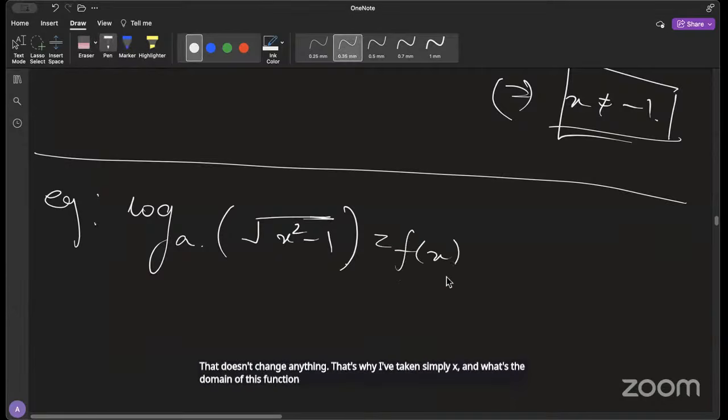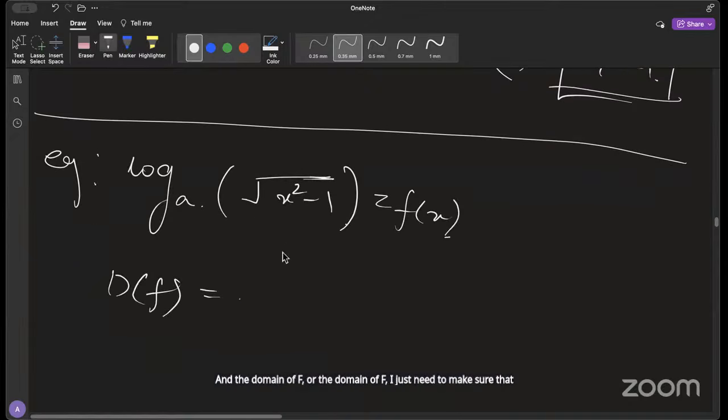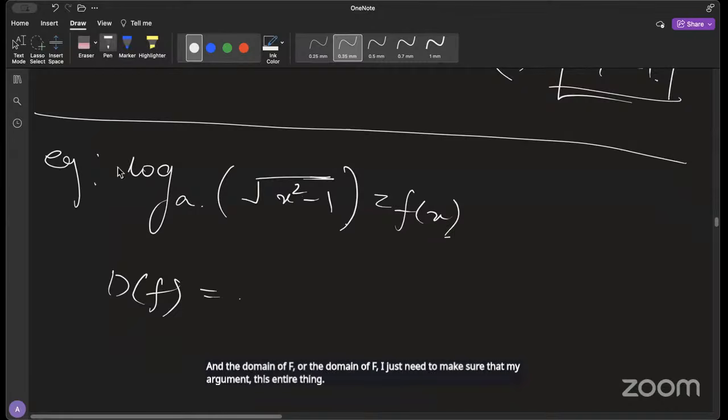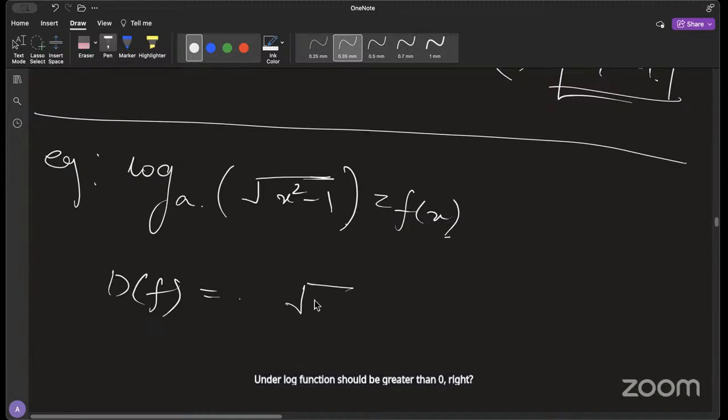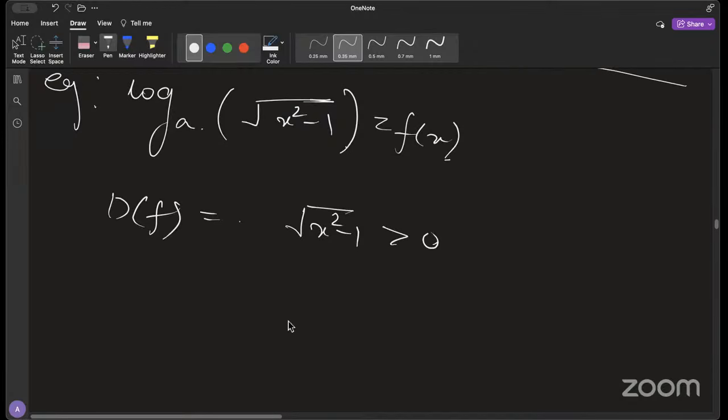If this is our function, for the domain of f, I just need to make sure that my argument, this entire thing under the log function, should be greater than 0, right? So I want square root of x square minus 1 to be greater than 0. That means I want square root of x square minus 1 to be greater than 0 and less than infinity, which is obviously true.